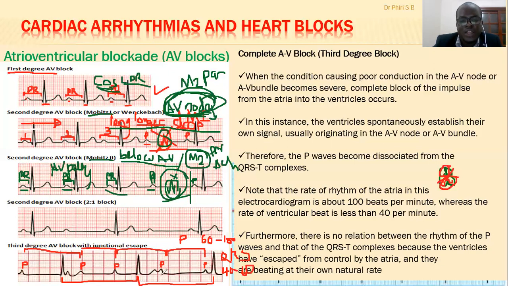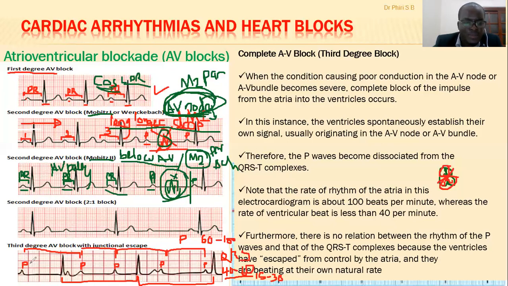So because the AV node is blocked, it means that the ventricles will start contracting on their own. So you have a pacemaker maybe that is originating from the bundle branch, and the bundle branch will produce action potentials at that rate. And also the ventricles can also produce from 15 to 30. So you find that the ventricles contraction will reduce and the P wave will be within the normal range.